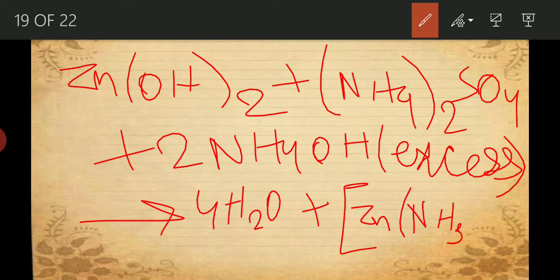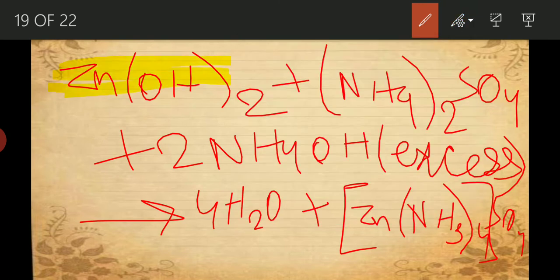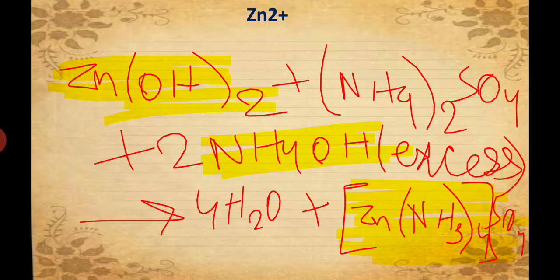This tetraamine zinc sulfate is a colorless solution. That means the zinc hydroxide is totally soluble in excess NH4OH. That's why it is forming a colorless solution of tetraamine zinc sulfate. So zinc hydroxide is soluble in both excess NaOH and NH4OH.